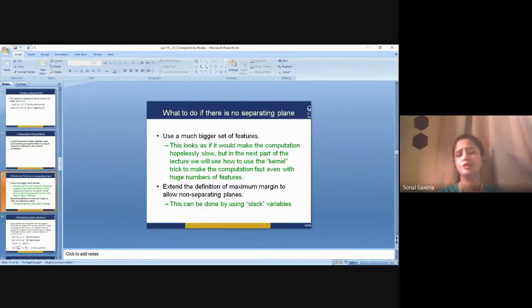Now what should we do if there is no separating plane? In that case, we use a much bigger set of features. Now this looks as if we would make the computation hopelessly slow, but in the next part of the lecture, we'll see how to use a kernel trick to make computation fast, even with a huge number of features. Now, extending the definition of maximum margin to allow non-separating planes can be done by using slack variables.